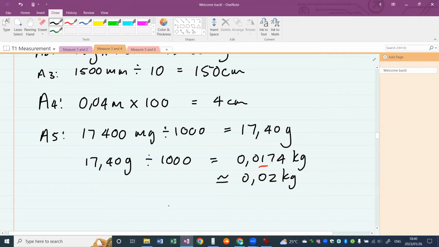This means exactly equal to, and this means almost equal to, an approximation. It's not exactly equal, but it's close to equal, rounded off. I'm just showing you that this is the rounded off number.